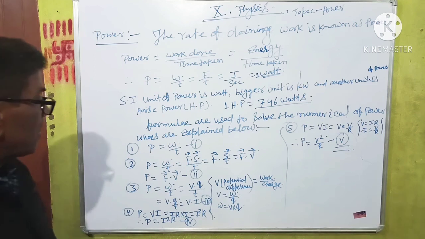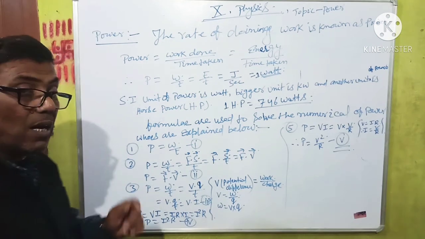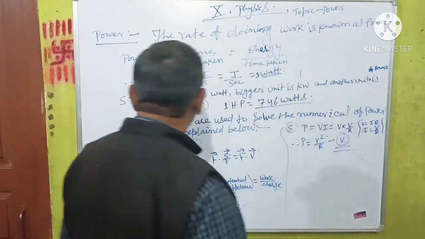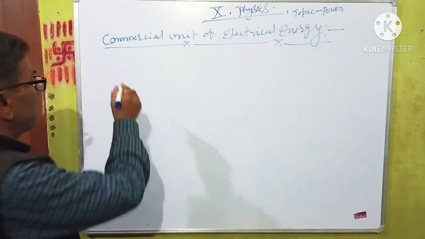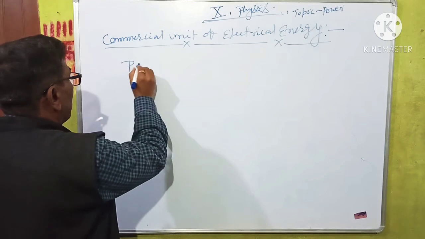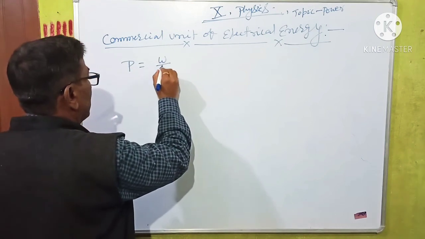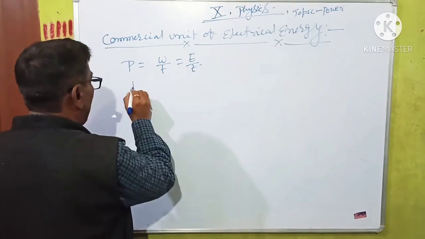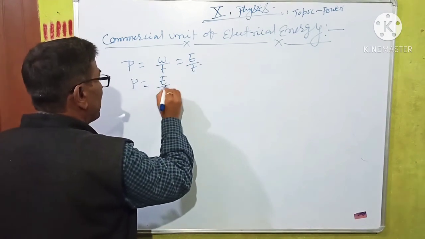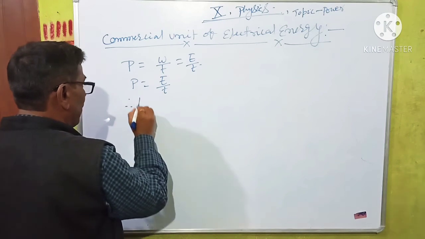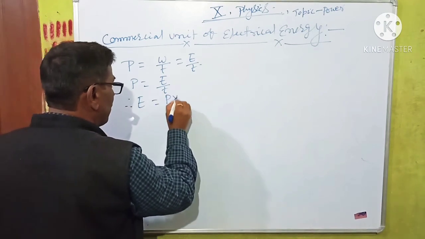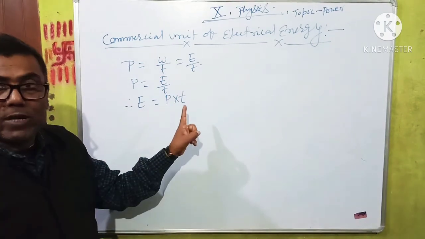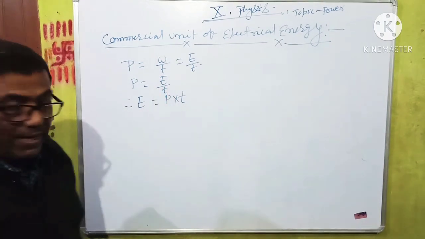Now we shall discuss the commercial unit of energy. We know that power is equal to work done by time, which is equal to E by T. So here power is equal to E by T, therefore E is equal to P into T. So electrical energy is equal to the product of power and time taken.